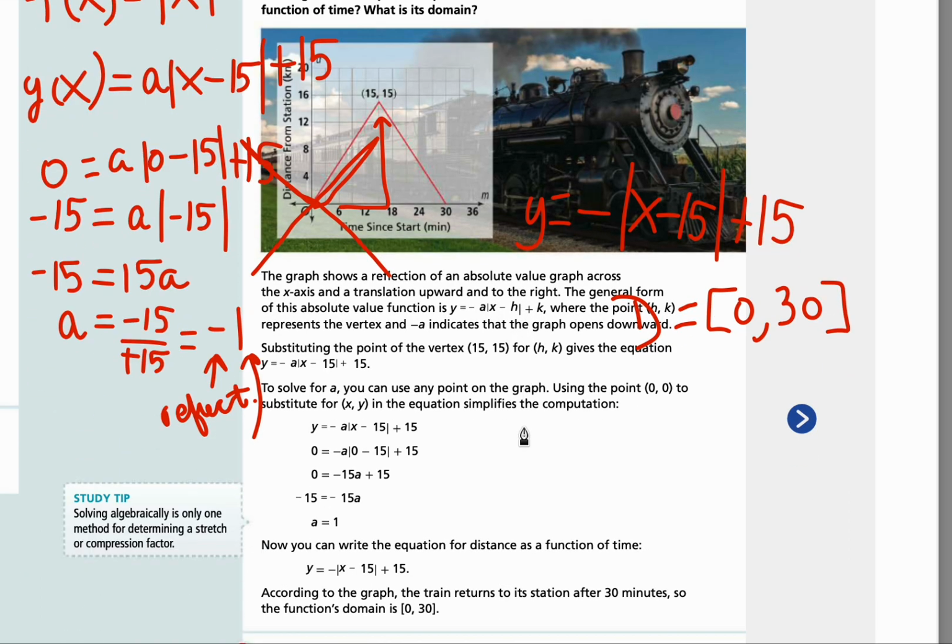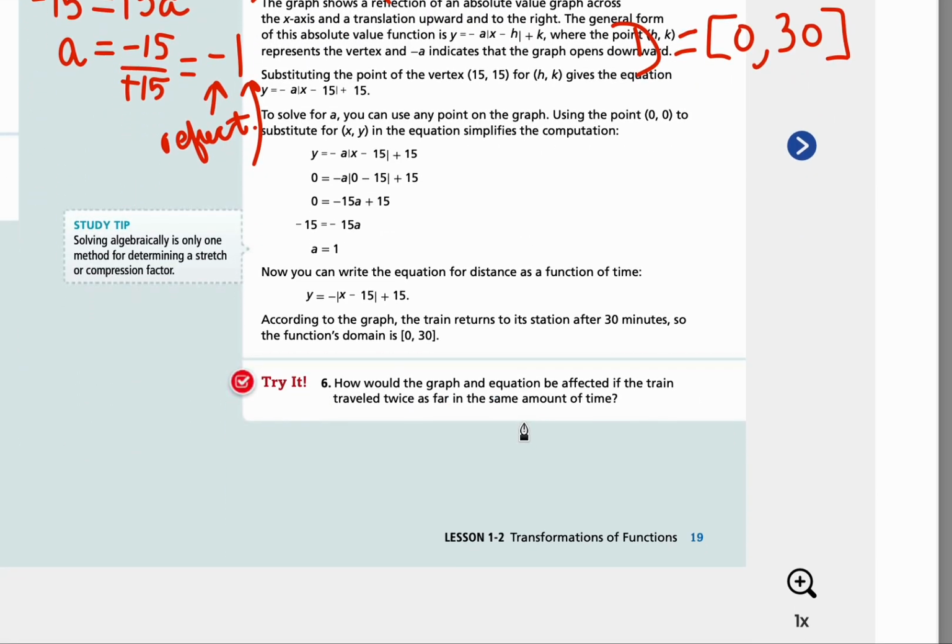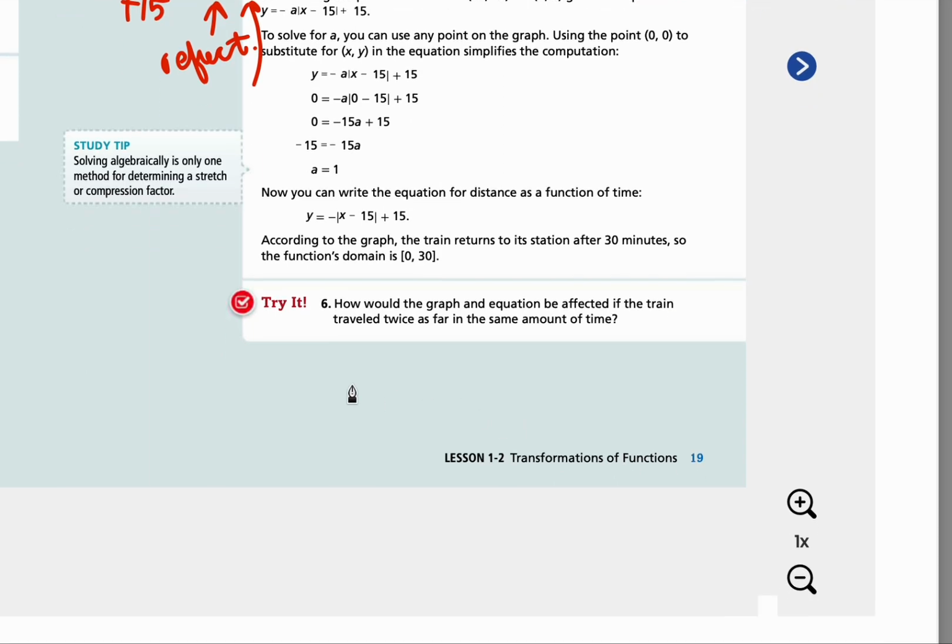All right, let's look at try number 6. How would the graph and equation be affected if the train traveled twice as far in the same amount of time?